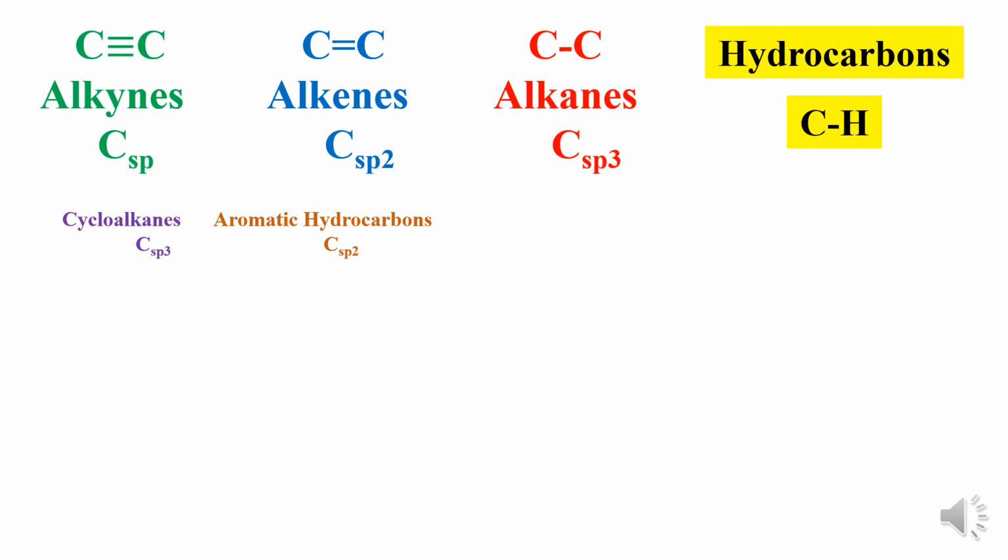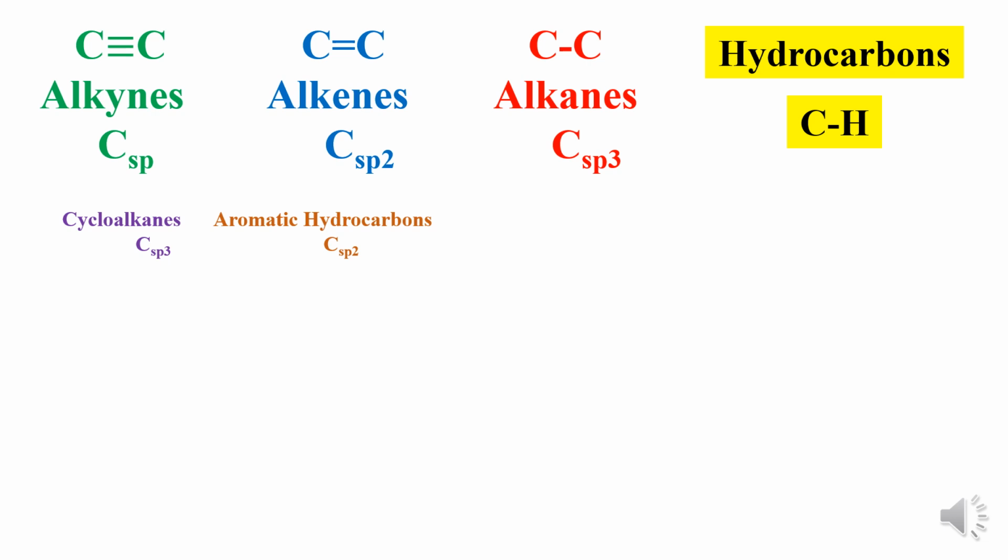While alkynes are highly unsaturated hydrocarbons and they are characterized by the presence of a carbon-carbon triple bond in their molecule. And the carbon atoms in alkynes are sp hybridized.